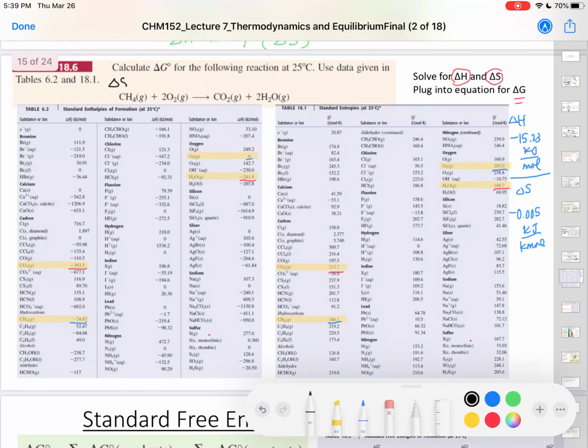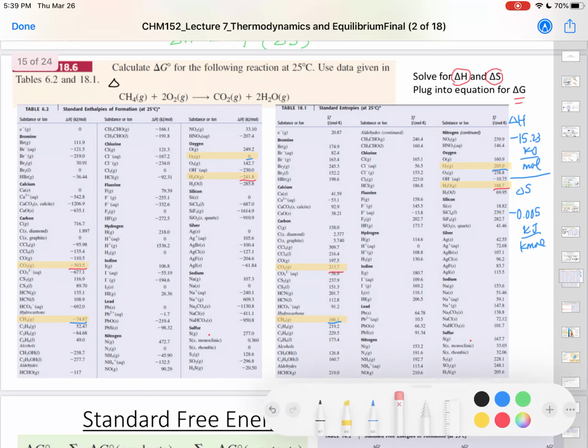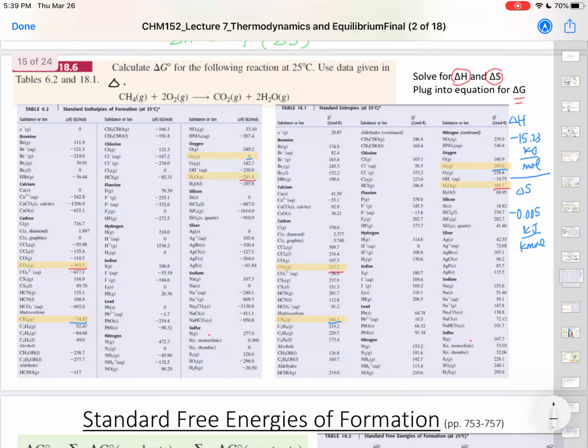All right, to calculate delta G, what we need to do is go delta H, oops, typo there, delta G is equal to delta H, so minus 15.23 kilojoules per mole. Subtract the temperature, which is 298 because it is 25 degrees, times minus 0.005 kilojoules per Kelvin mole.